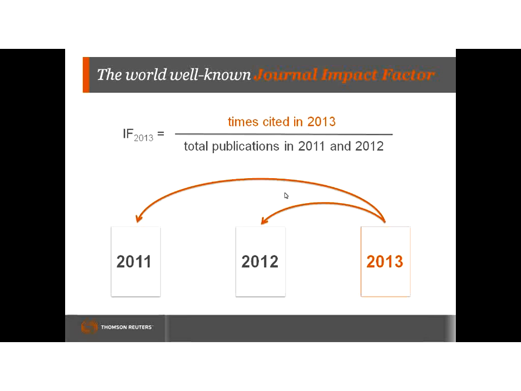That doesn't mean every paper in that journal will receive 4 citations. It can be 0, 1, 2, 100, or 1,000, but on average, a paper in that journal gets that impact.